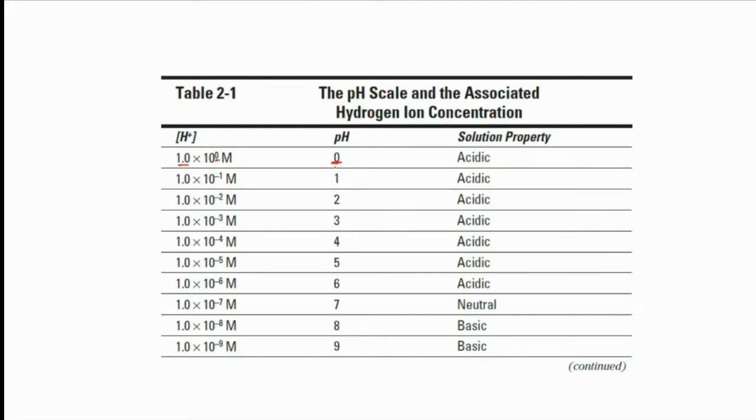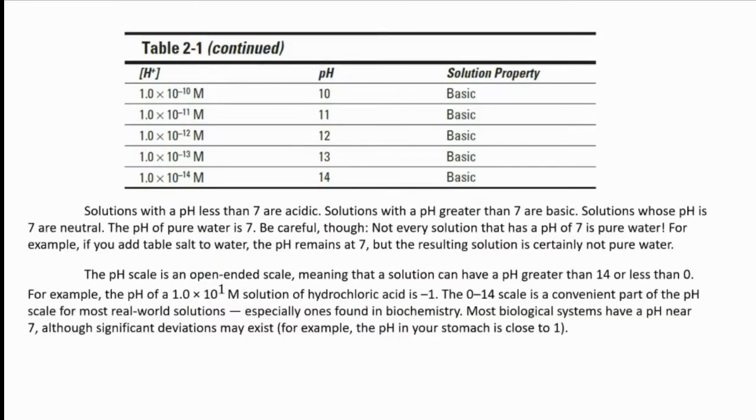So at pH 0 to 6, we have an acidic solution. pH equal to 7 is neutral. 8 to 14 is a basic solution. You noticed that when the coefficient is 1, the exponent is already the pH, so you don't need to compute.